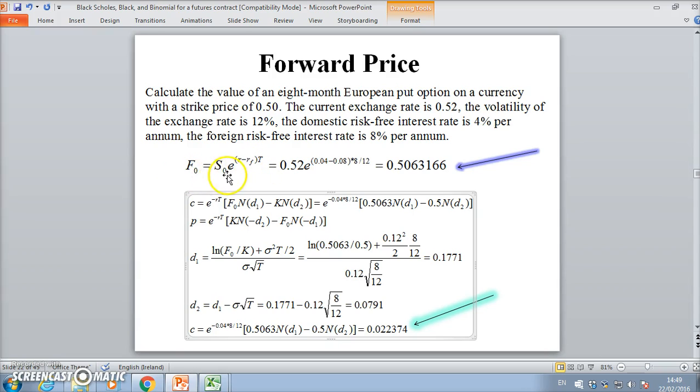This relationship is a no arbitrage relationship. It also might be viewed as a kind of interest rate parity relationship, that the interest rate differentials between two jurisdictions can be explained largely by differentials between the spot and future.